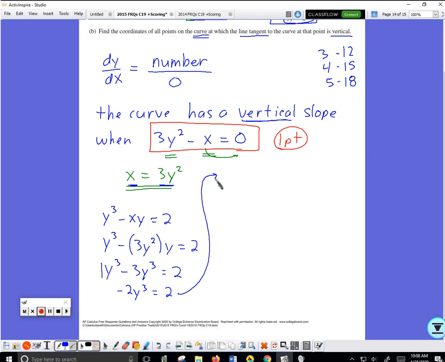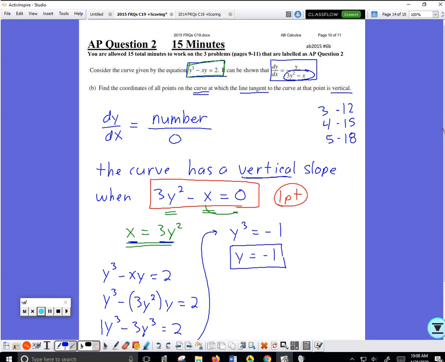If you divide both sides by negative 2, you're going to get y cubed is equal to negative 1, which means the y coordinate is negative 1. So that's the y coordinate where the tangent slope is going to be vertical. Now I need to find the x coordinate that goes with that y.